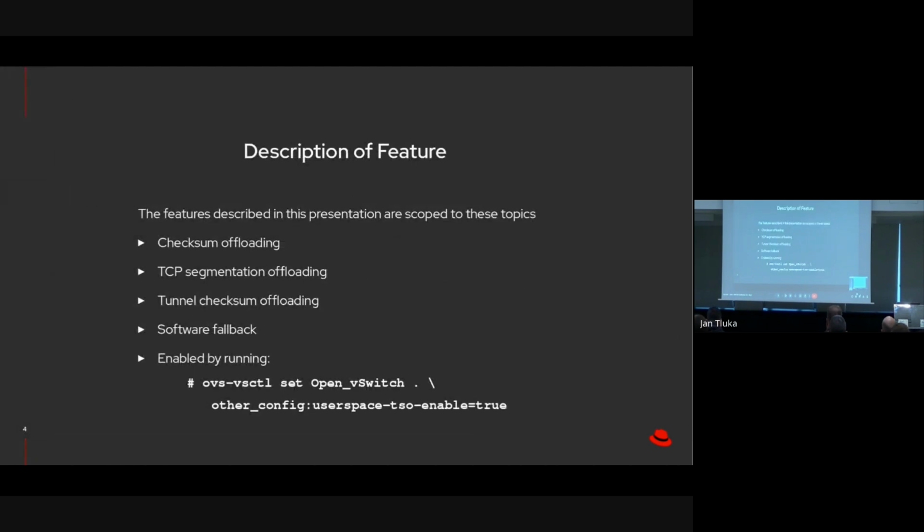For the remainder of this presentation, I will be saying hardware offload, but it is important to note that I am not talking about TC, RTE, flow offload, or etc. I'll be instead referring only to checksum offloading, TSO or TCP segment offload, tunnel TSO, and the implementation in software of identical functionality in OVS.